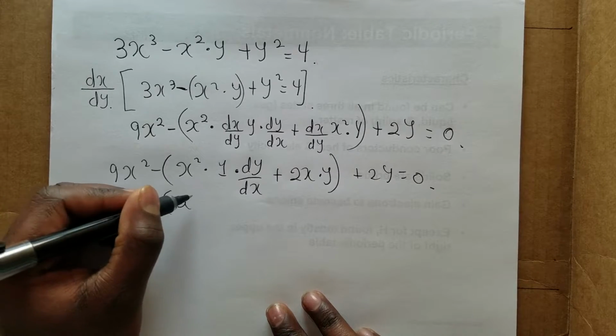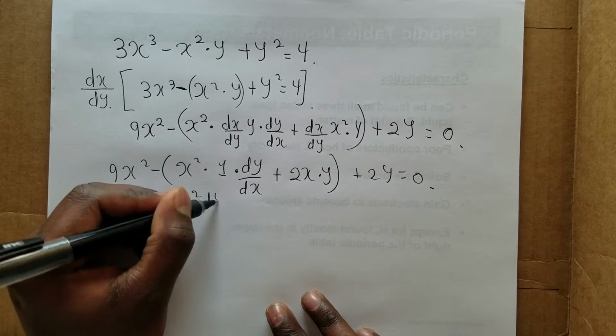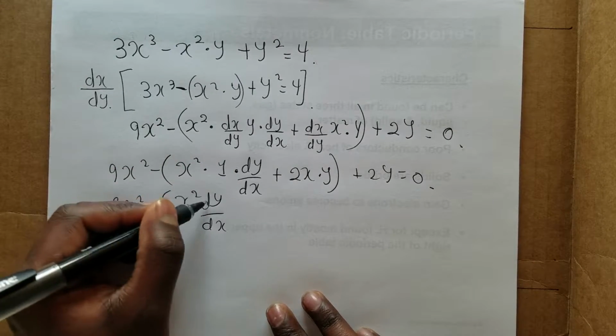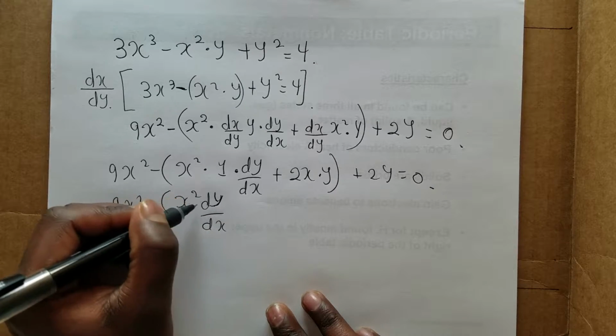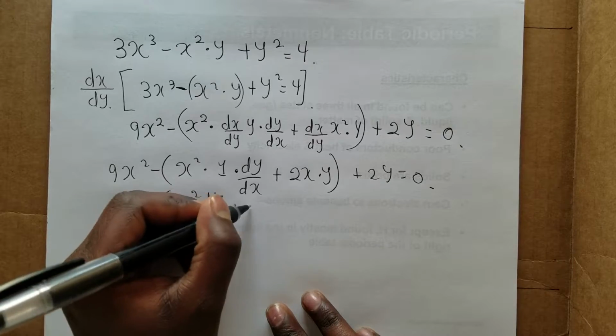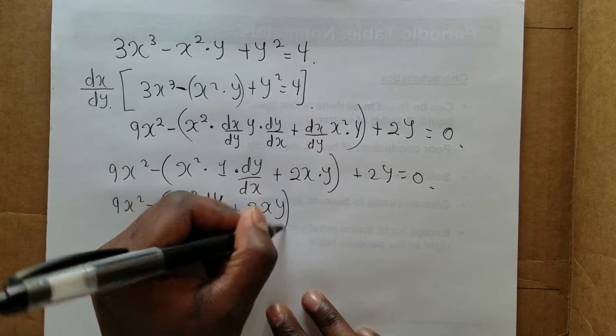So you get x squared dy/dx, and this is the derivative of y, this is what you want to find. Then you have dy/dx plus 2xy.